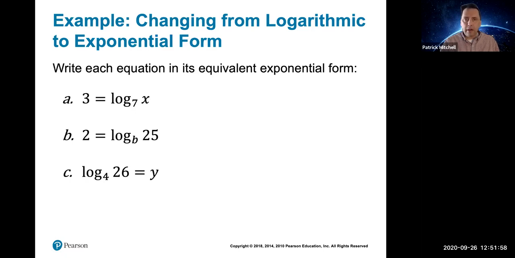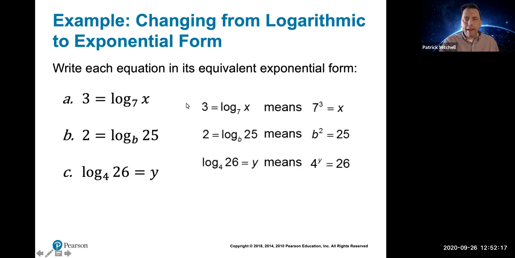We're looking at letter A. The base is 7. And then what is a logarithm? An exponent. The logarithm is the exponent, and this logarithm is 3. So when you go to write an exponential equation that's equivalent to this, it's going to say 7 to the 3 equals x. 7 is the base and 3 is the exponent.